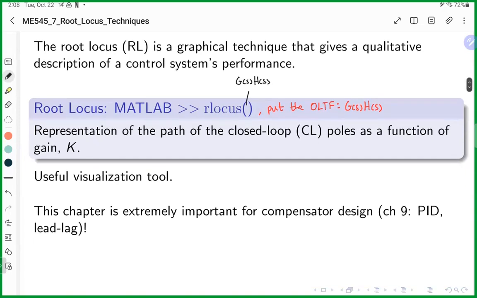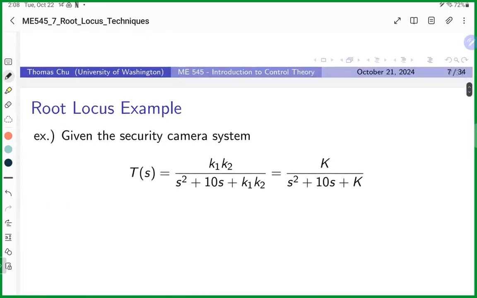It's a very useful visualization tool because you can see if your closed loop poles will be in the left half plane, and basically if it's stabilizable with feedback. And this chapter is extremely important for compensator design, so chapter 9 with PID controller and lead lag compensator design.